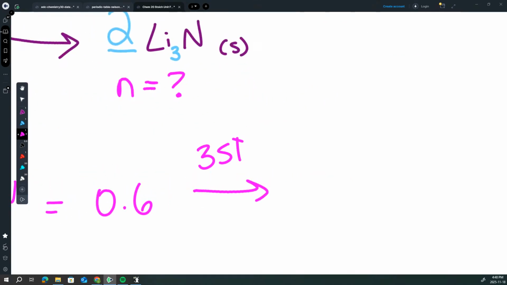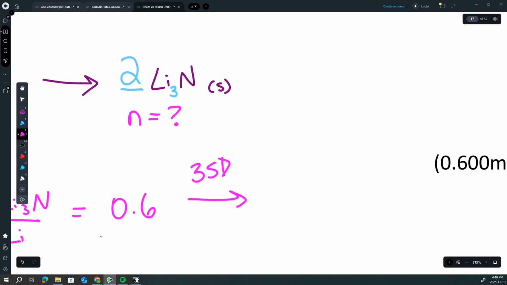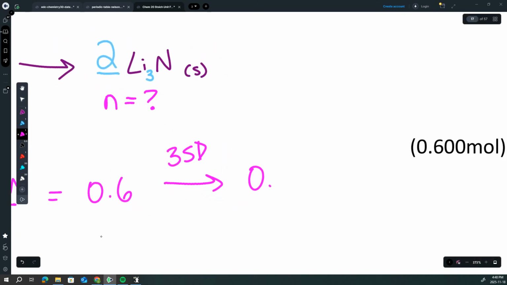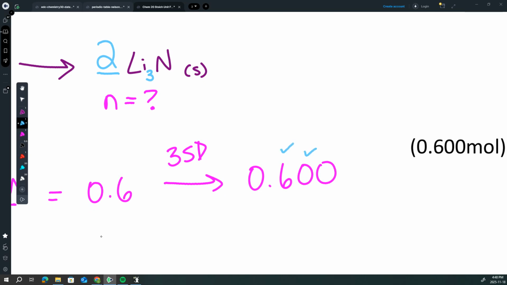So we want our answer in 3 sigdigs, but we want to keep the same value. So knowing that trailing zeros do add to the amount of sigdigs, I'm going to add 2 zeros, so our sigdigs are going to be the 6 and these 2 zeros.